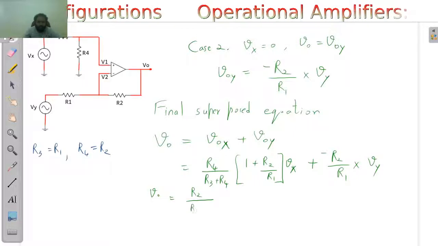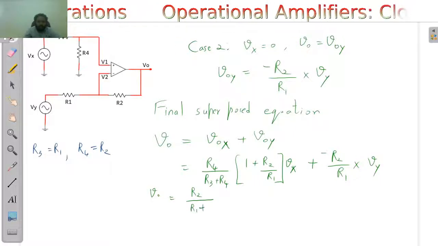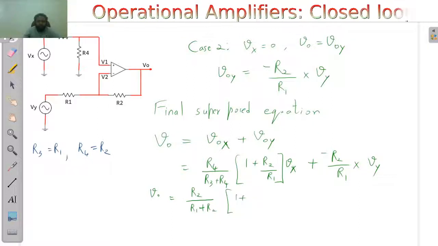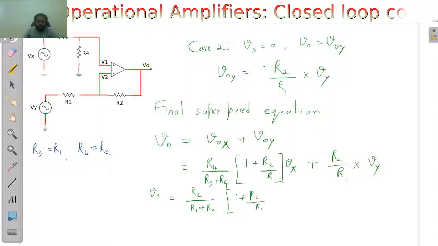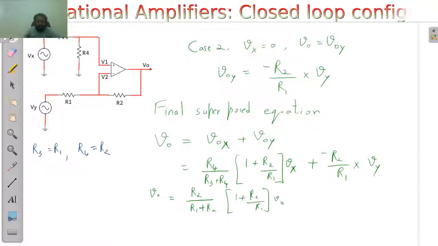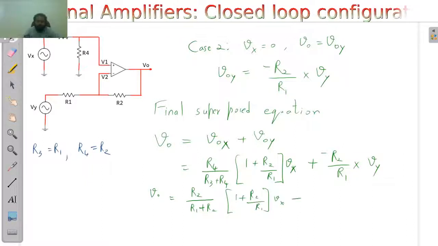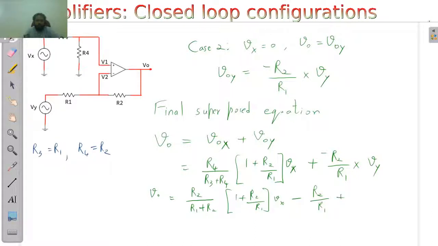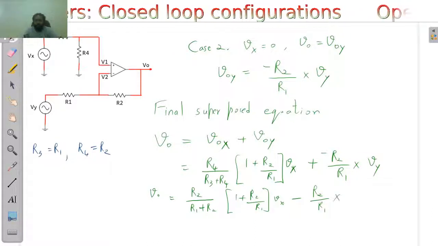So this is R2 by R1 plus R2 times 1 plus R2 by R1 Vx minus R2 by R1 times Vy.